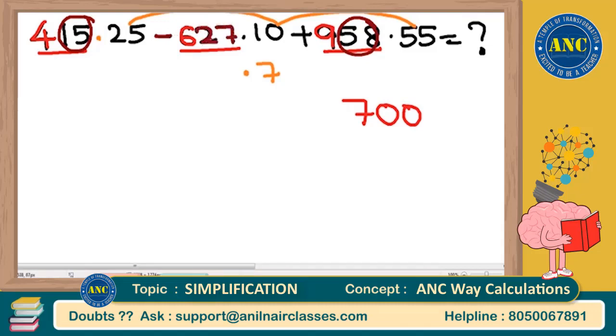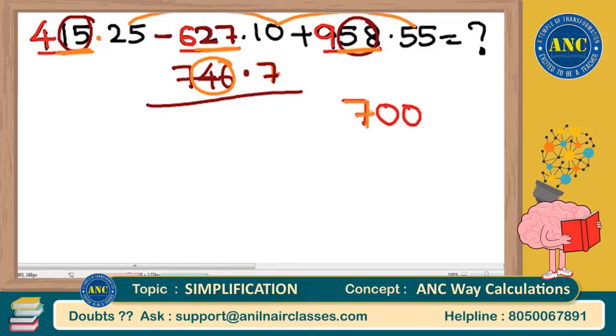Again, if I remove 20, it is 46. But the 0.7 is already taken, so I will be left with 46 and with 700. This should be my final answer. Answer is 746.7. Even if you subtract the other way, 58 minus 27 is 31, 31 plus 15 is 46, and the hundreds place is 700.